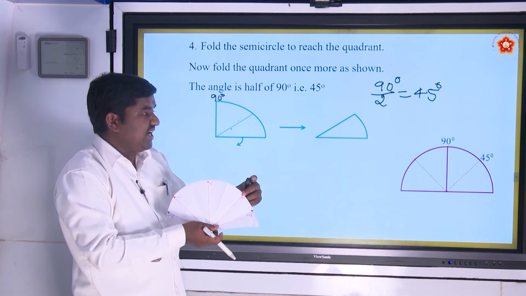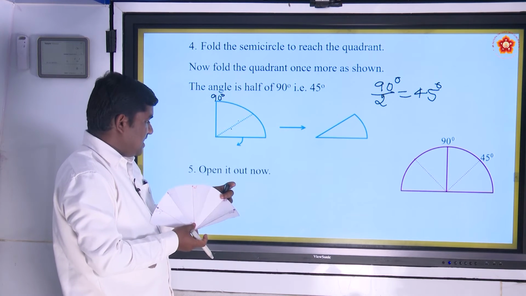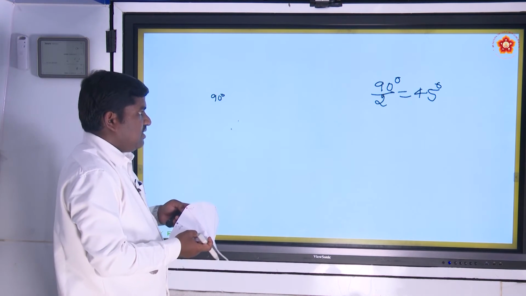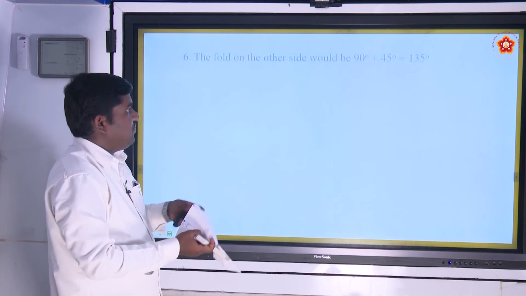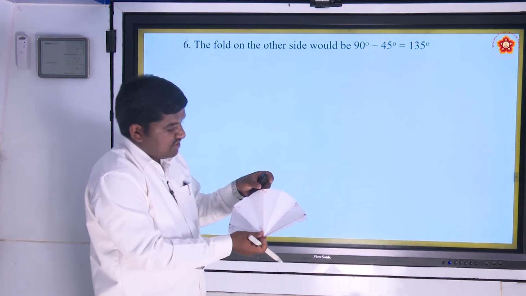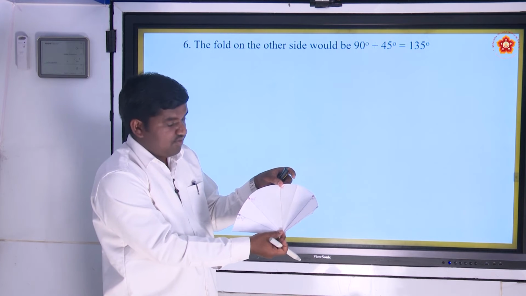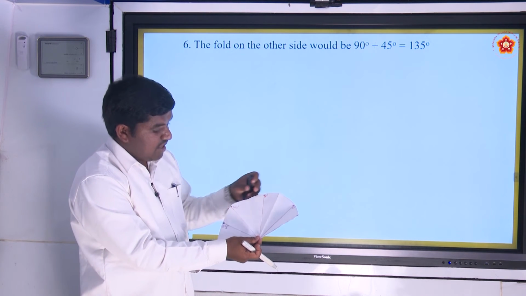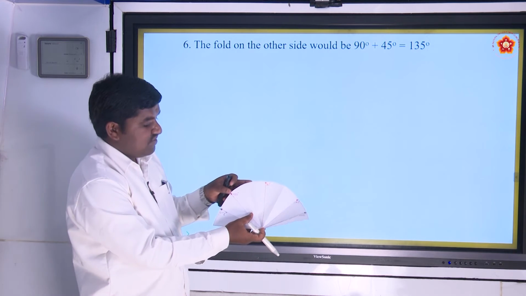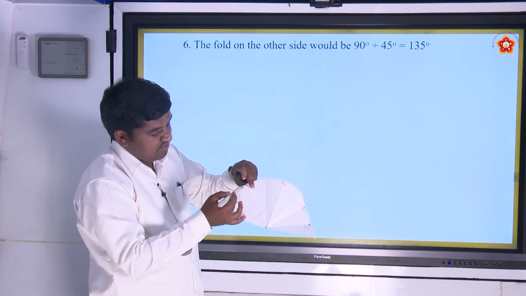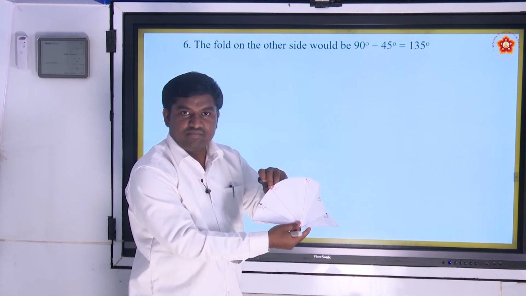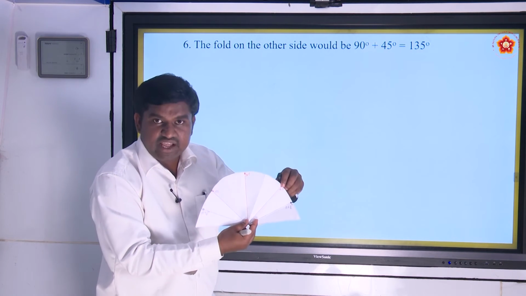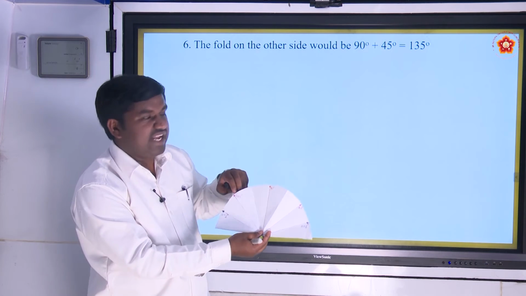On another side, this fold line, the middle one 90 degree plus half of 90 degree, 45 degree, that is 135 degree. You write 135 degree on this line. Now you got 90 degree, 45 degree and 135 degree.